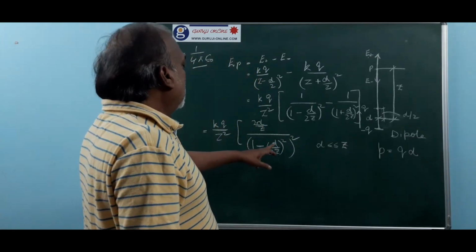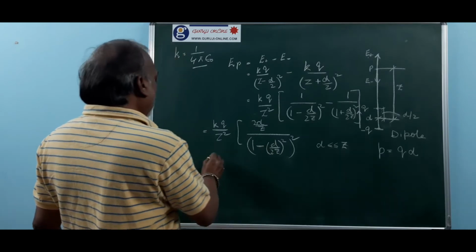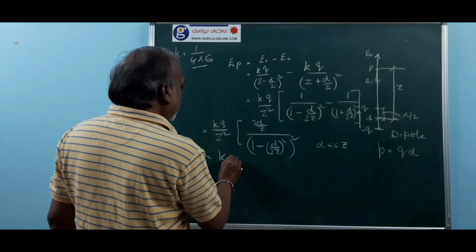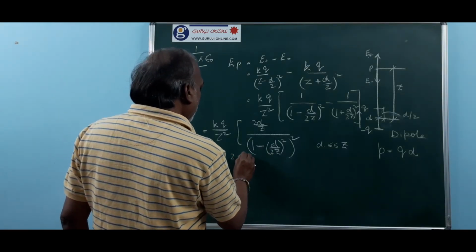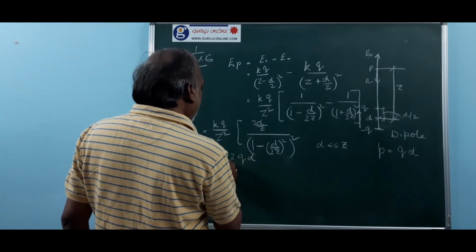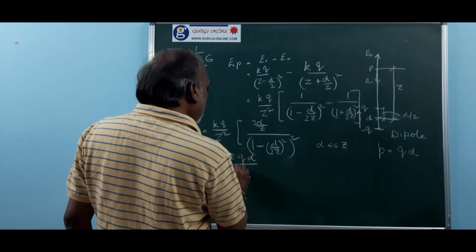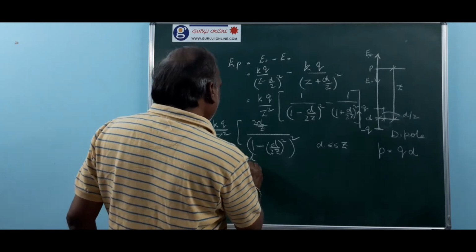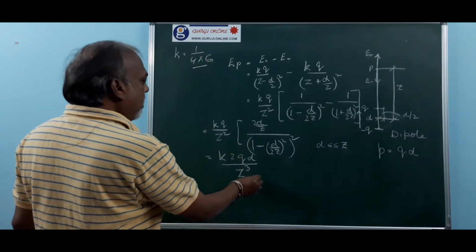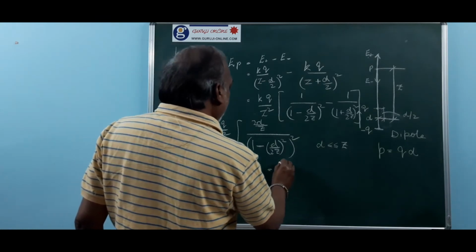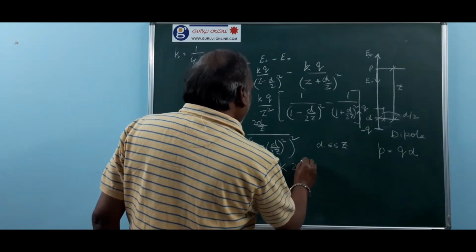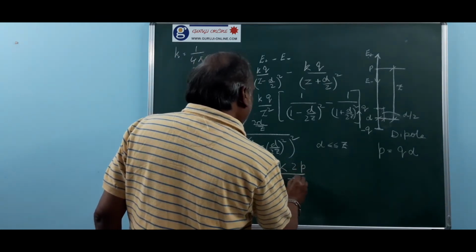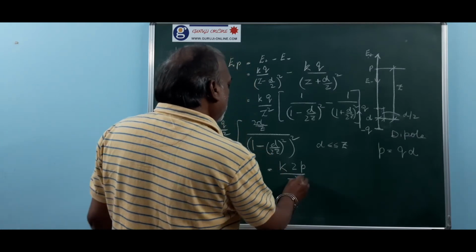Then this factor can be 0 and we can simply write 2qd upon z cube, or we can write k 2p upon z cube.